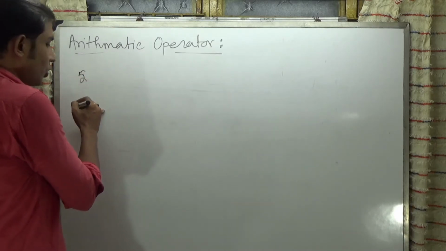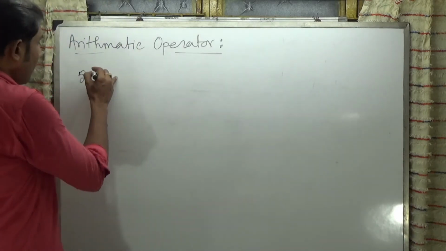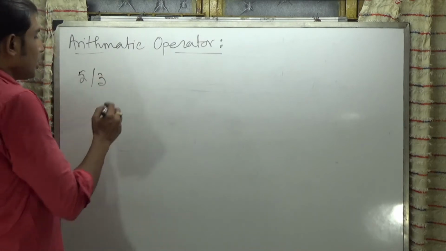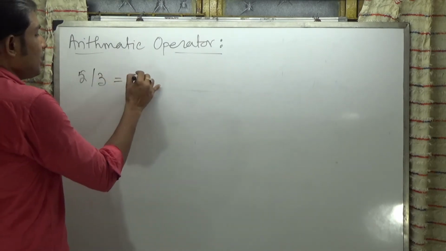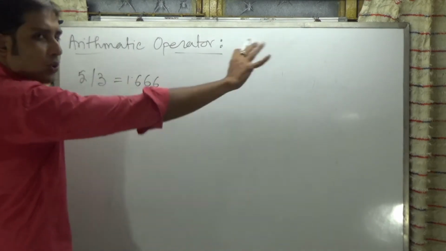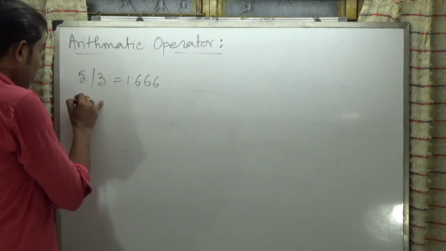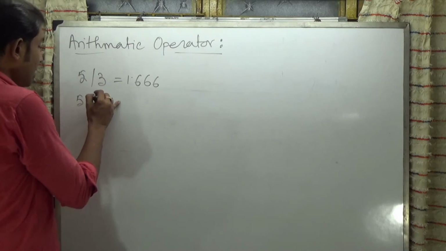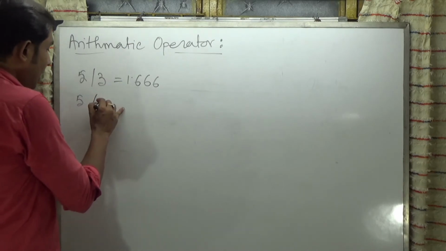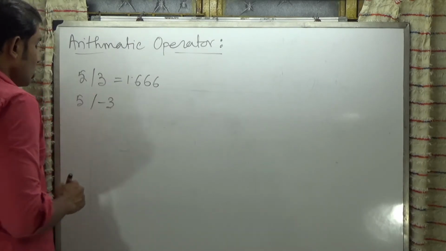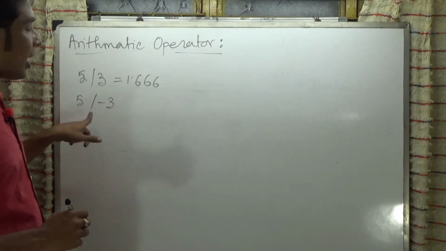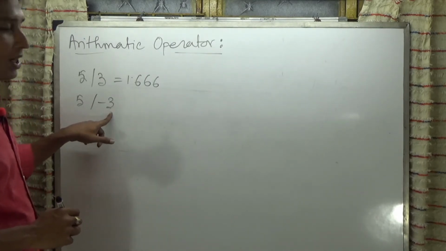Suppose I divide 5 by 3, then the result will be 1.6666 and so on. Now if I divide the same thing by putting the minus sign in the divisor, so the dividend is 5 and the divisor is -3.